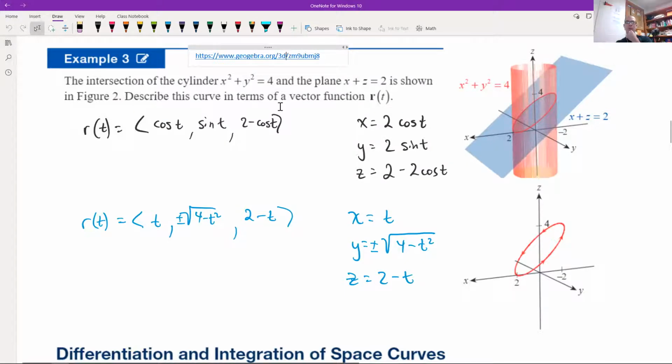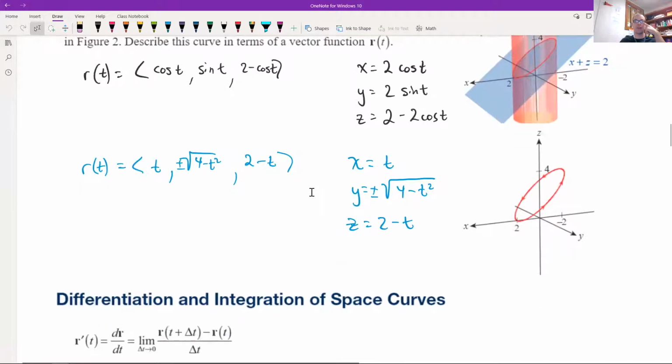So yeah, in order to do that, we are using the 2 equations that we're given to make a set of parametric equations that satisfies all of them. And because this is a circle, the cosine and sine thing is a good thing to try first.